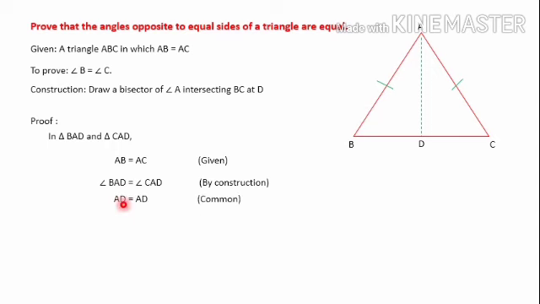The next one is AD equal to AD. When you consider triangle BAD and triangle CAD, there is a common side for both triangles, that is AD.